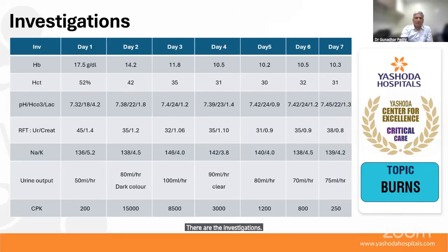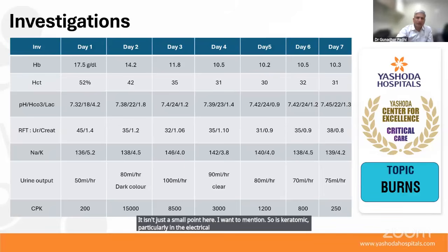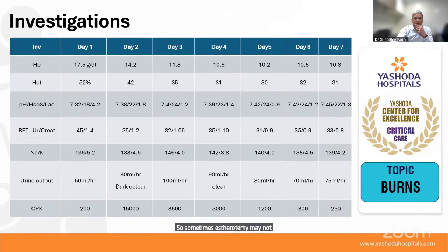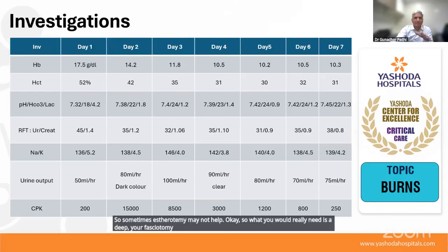Again, just a small point here I want to mention. Escharotomy, particularly in electrical burns, most of the time it is the fasciotomy which helps. There is a difference between escharotomy and fasciotomy. Electrical burns involve the deep fascia, muscles and deeper tissues, so sometimes escharotomy may not help. What you really need is a deep fasciotomy and proper treatment of the compartment syndrome.